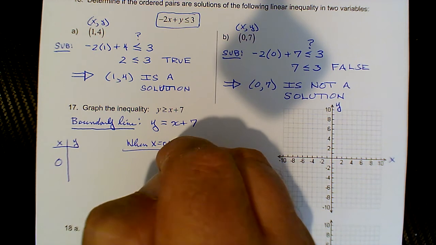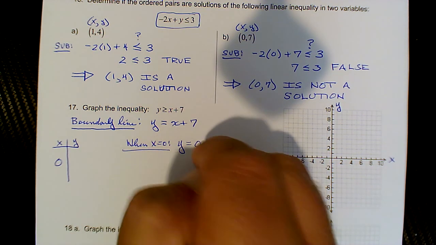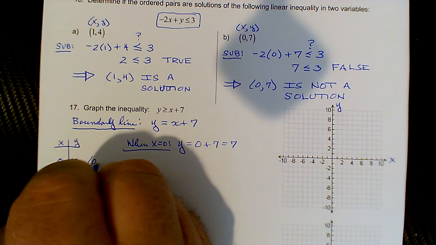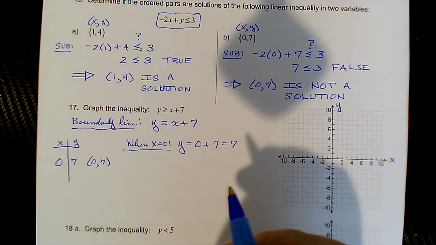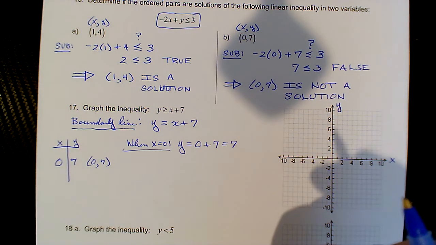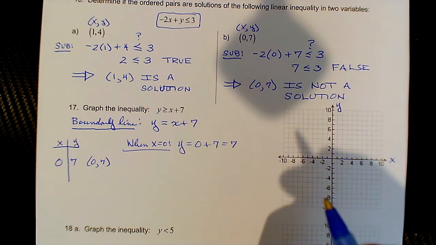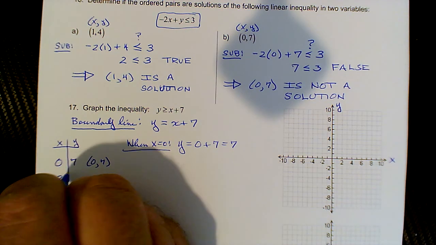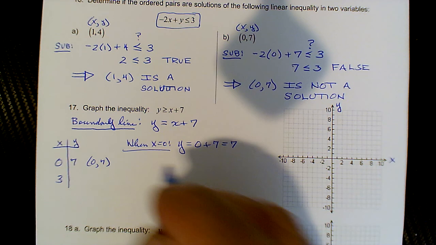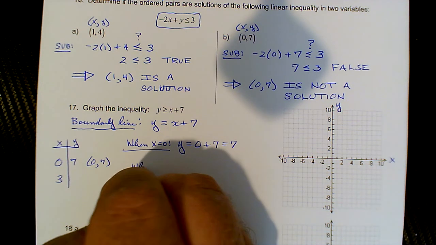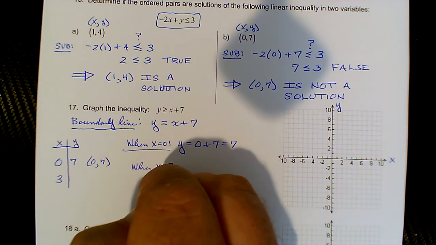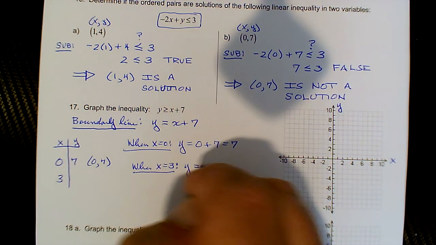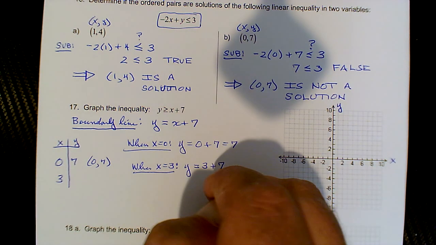And then we have to test a point that's not on the line. If you can pick it, the origin, (0, 0), is always a good test point. Testing the origin, substituting into the inequality, we have 0 is greater than or equal to 0 plus 7, and that says that 0 is greater than or equal to 7, which obviously is false.